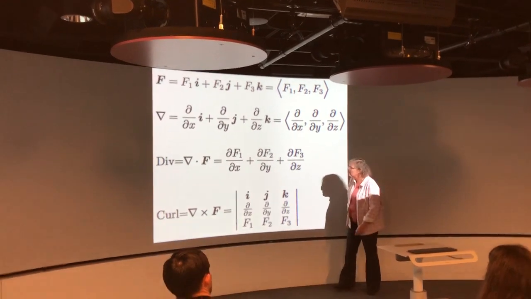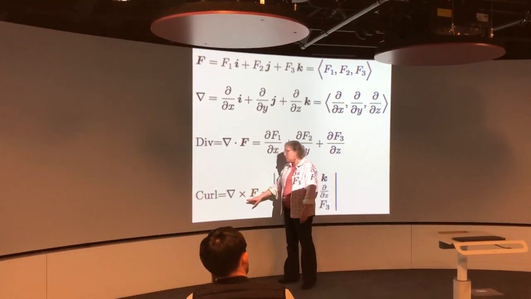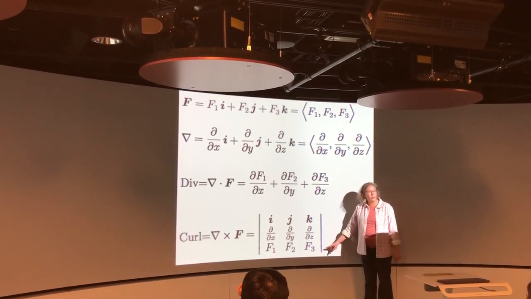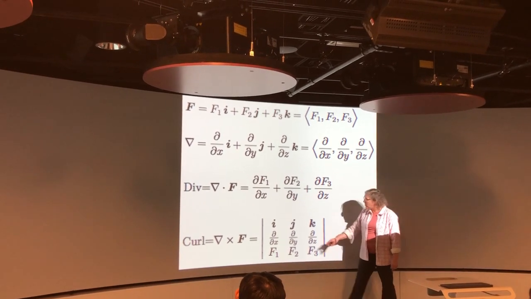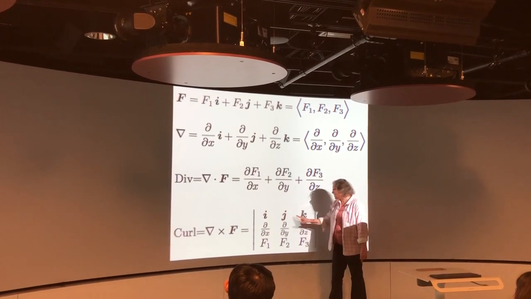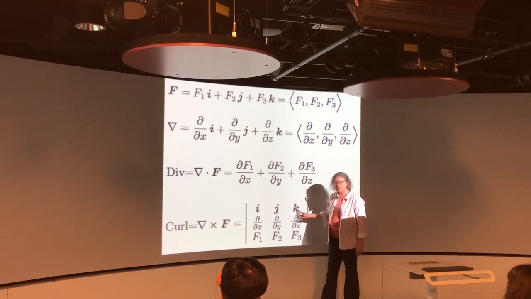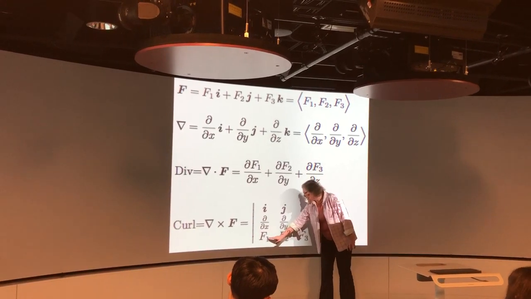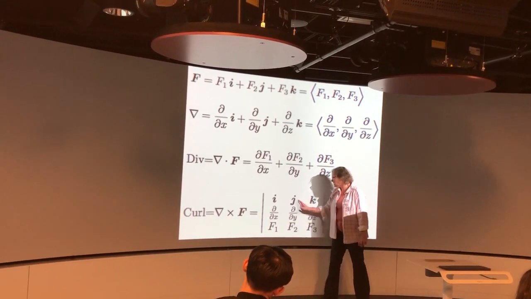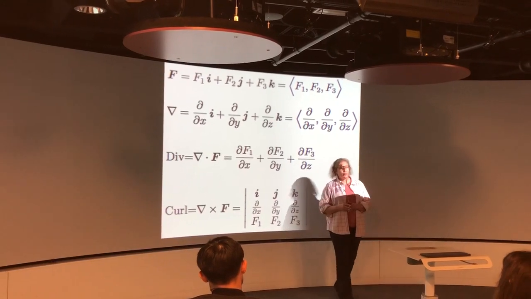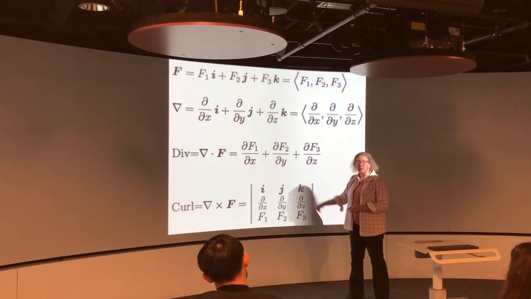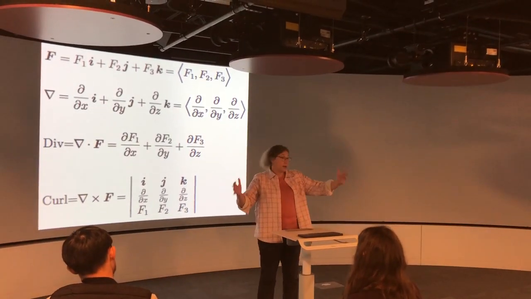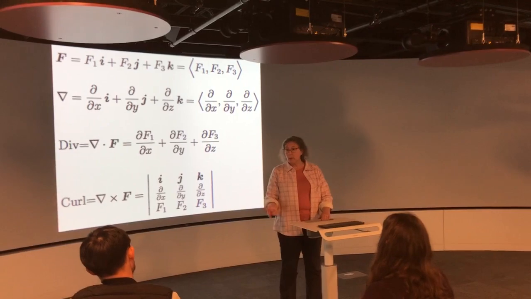The del cross part, which is called a curl, is taking the determinant of this matrix. You get these unit vectors here, the partial derivative operators, and the pieces of the function that correspond to each of those unit vectors, and then you take the determinant of the matrix, you get a vector with an i, j, and k part.